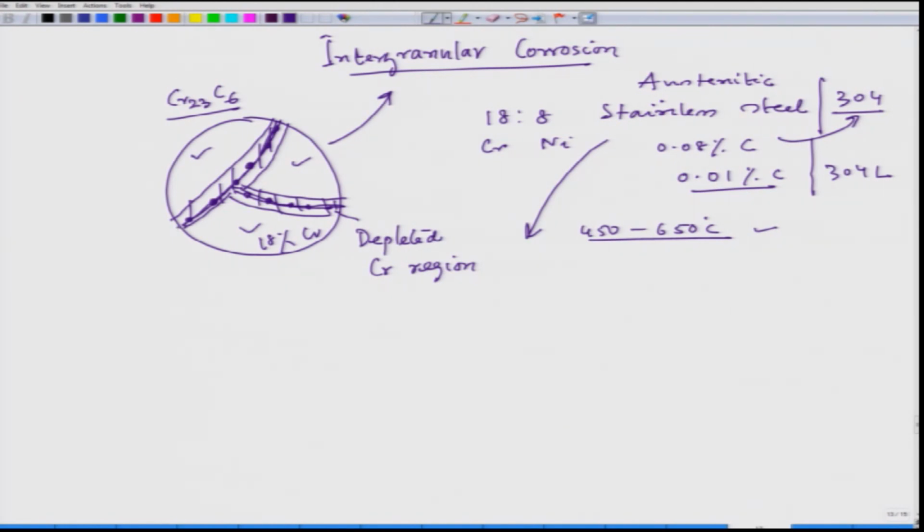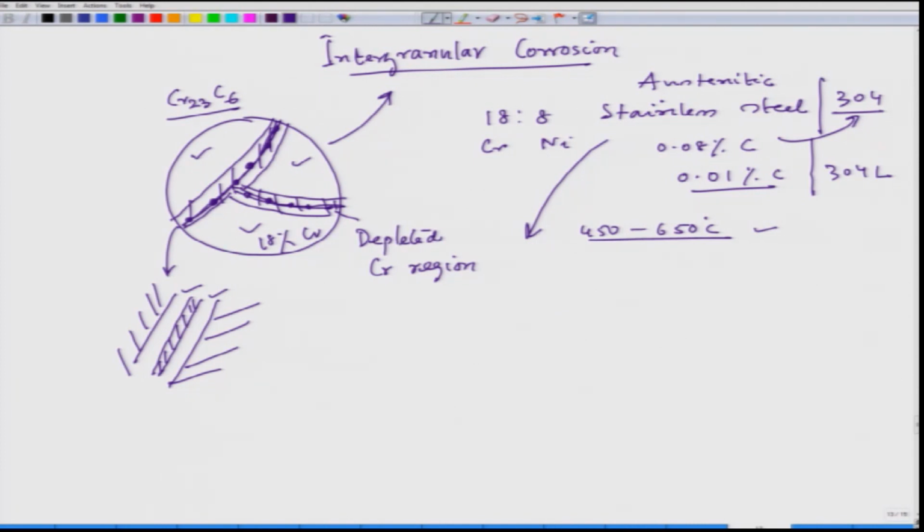Now, the typical situation is that we have two situations. At the center region we have chromium oxide, and around this region we have chromium oxide, but in this region we do not have chromium oxide. Since chromium oxide is cathodic in nature compared to the iron surface with depleted chromium, the cathodic reaction would happen wherever we have chromium oxide.